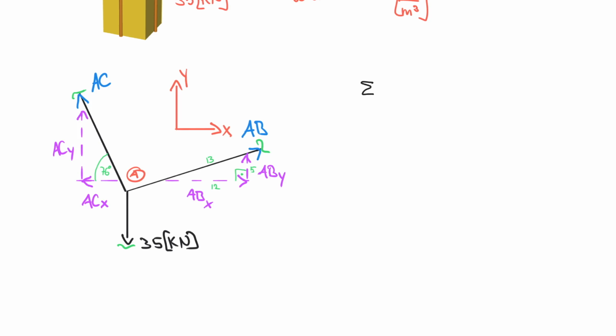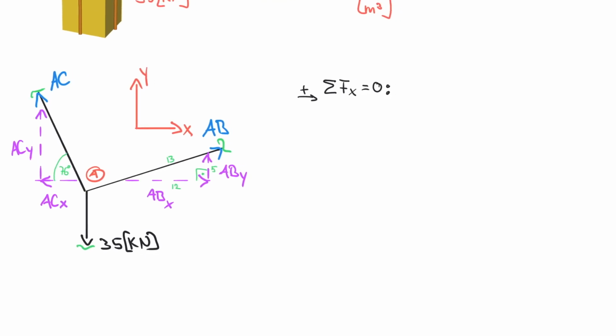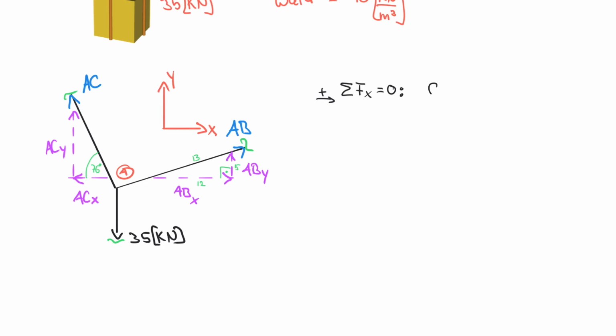So I'm going to start solving the sum of forces in x equal to 0, and I'm choosing to have everything positive to the right. So what that means is that we're looking at 0 is equal to plus ABX minus ACX. And that is everything that's acting in the horizontal or the x direction.